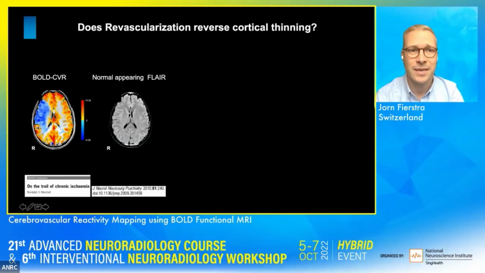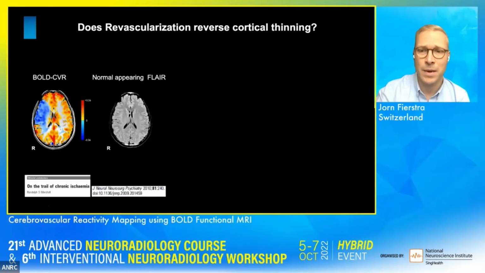We found that the cortex in these areas was 8% thinner as compared to the area contralaterally that had normal cerebrovascular reactivity. So this was an interesting finding in terms of the consequence of chronic ischemia.